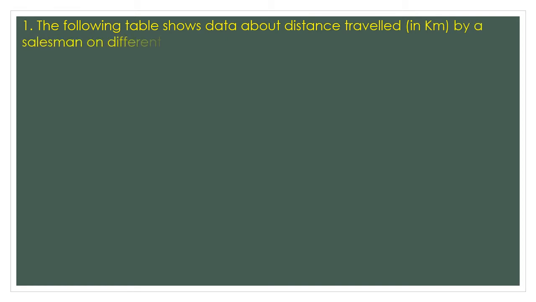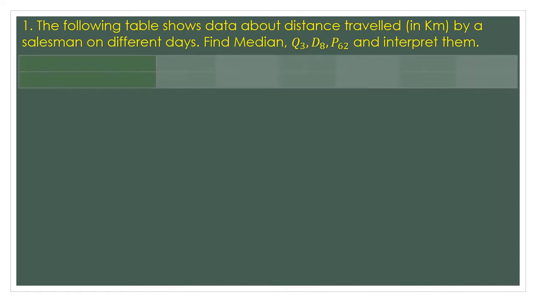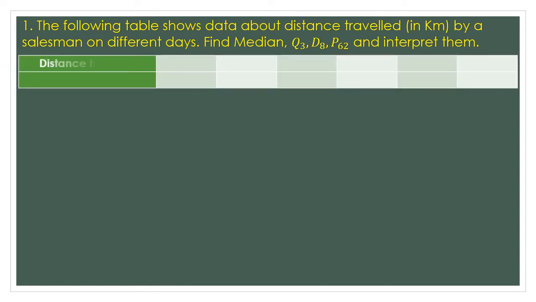Now I just see here that this one is going to be a big question. Second question, the following table shows data about distance traveled in kilometers by a salesman on different days. Find median, Q3, D8 and P62 and interpret them. That means we have to calculate 4 measures here for the data given in a table, which is distance traveled and number of days.